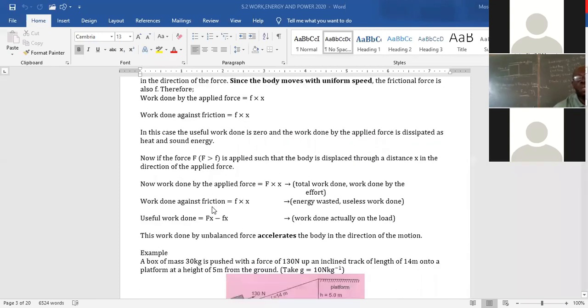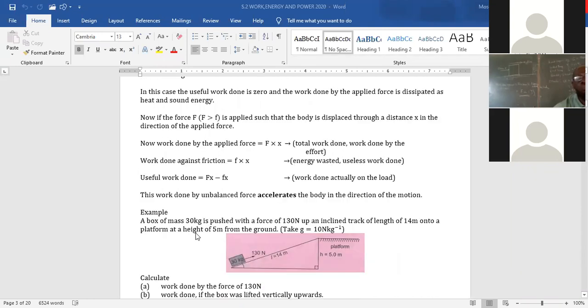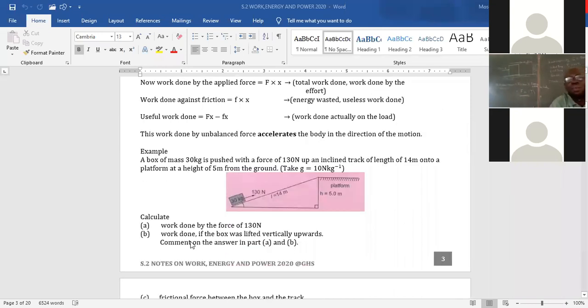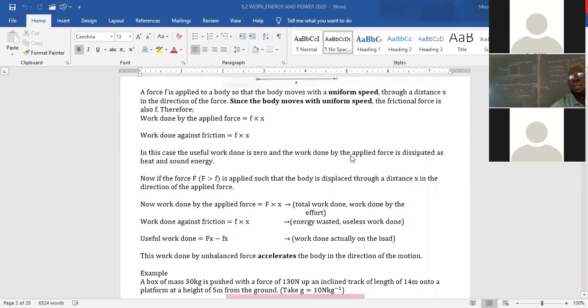I want us to look at that particular example. I think it will give us an idea. We brought in these inclined planes at this level.